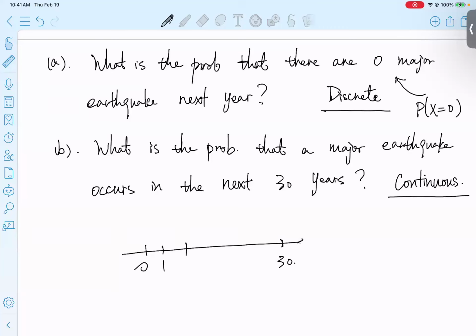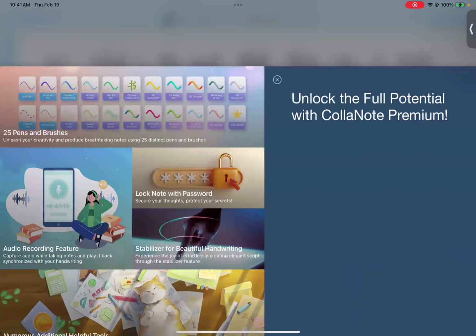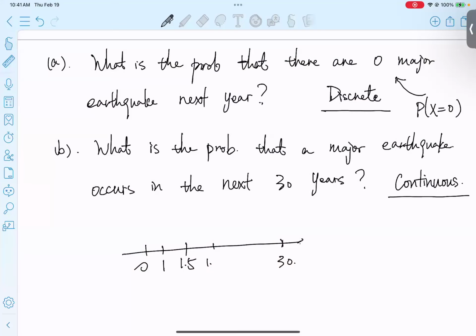It could happen exactly on the first year, but it could also happen at 1.5 years, or at one year and 3 days, or on a certain month and certain day. So we are thinking of the earthquake at any location, as long as it is within the 30 years.